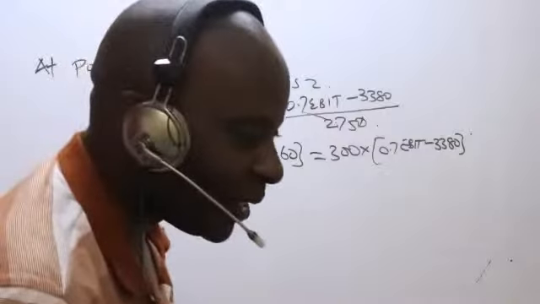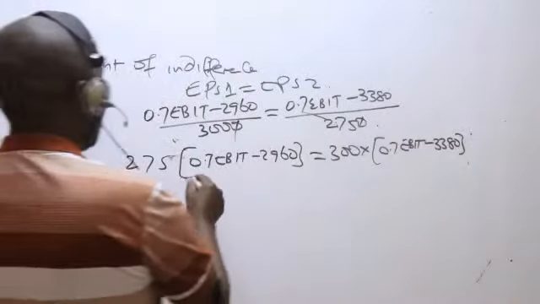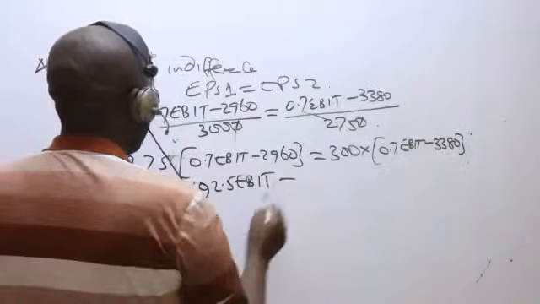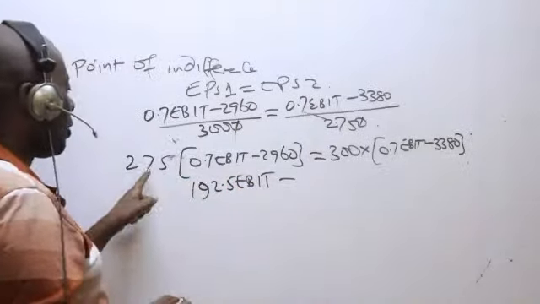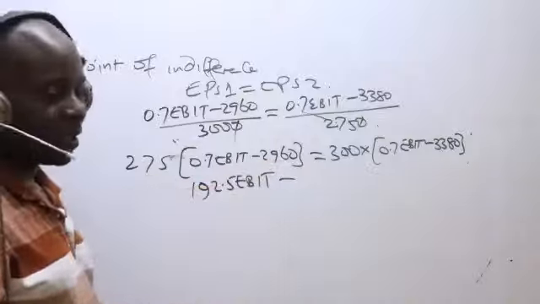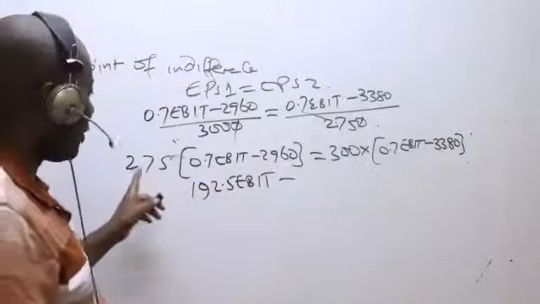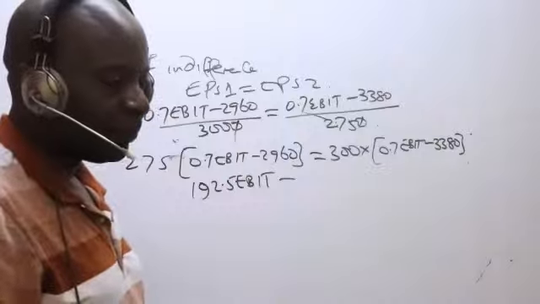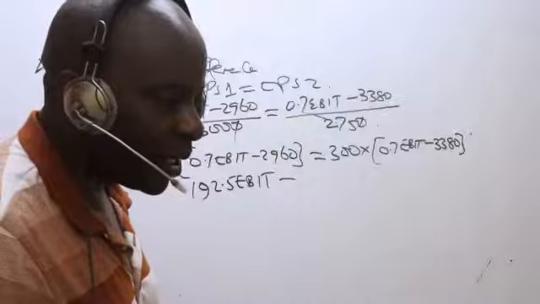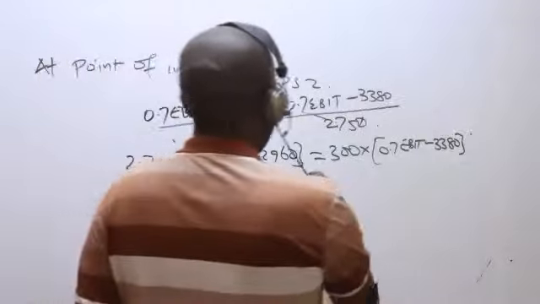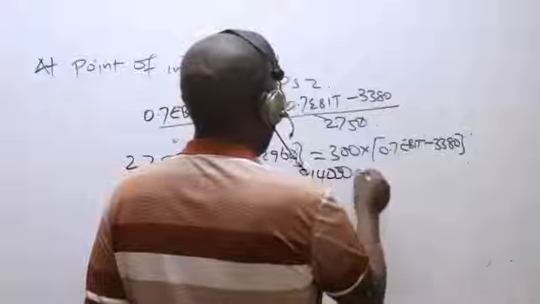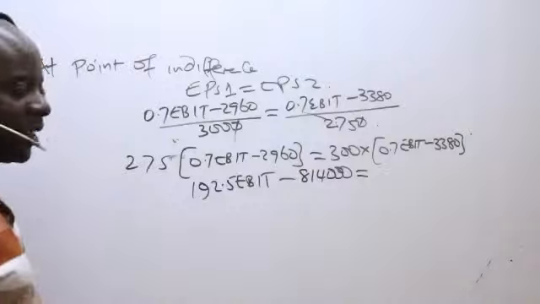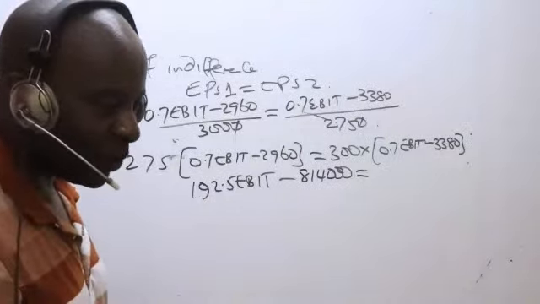So we have 192.5 EBIT minus, this has to be a huge figure, 275 times 2960. 275 times 2960 will give me what figure? 814,000. And this times this, 300 times 0.7, gives me what figure?